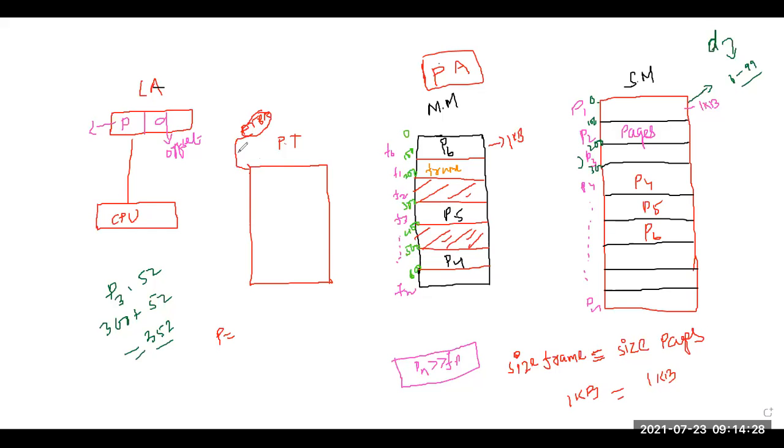Now, second point you have to remember, every program has its own page table. Okay, every program will have its own page table. Fine. So for every program there will be one page table. And the number of entries of the page table depends upon how many pages the program requires. Is it clear to all of you what I'm saying?